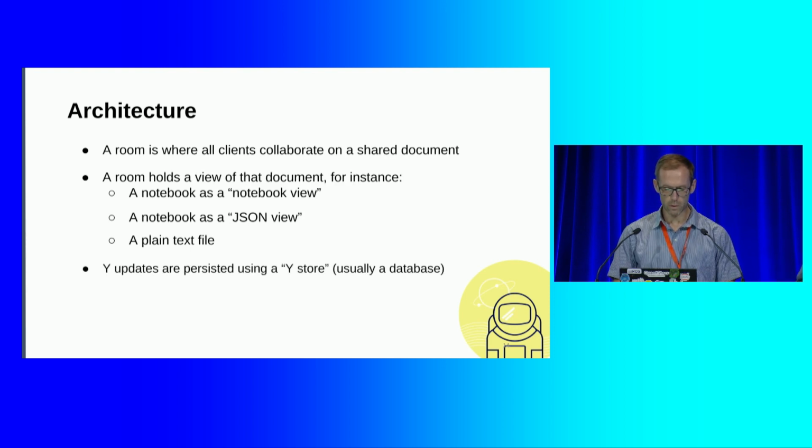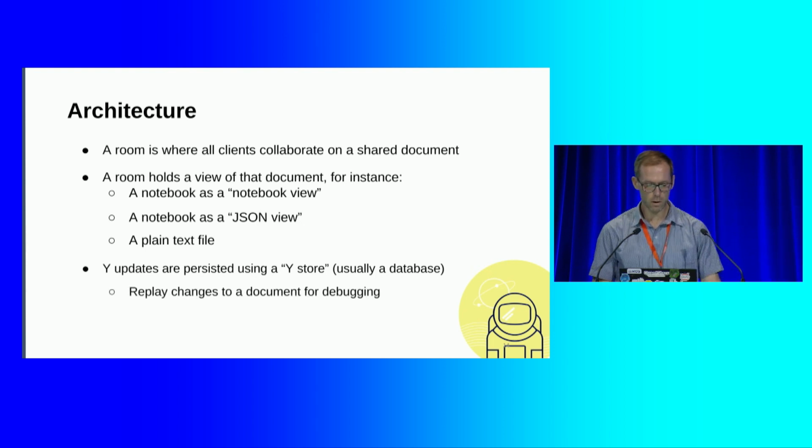The Y updates, the changes that are made to the document, are persisted to what we call a Y store, which is usually an SQLite database, but it can also be a regular file or even sent on the cloud. This allows us to replay changes to a document.